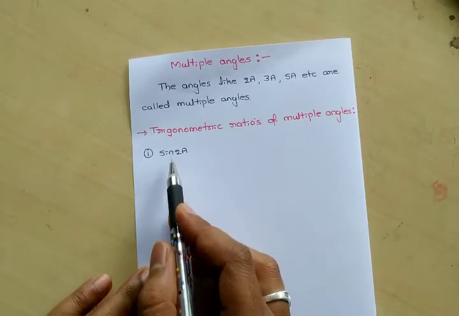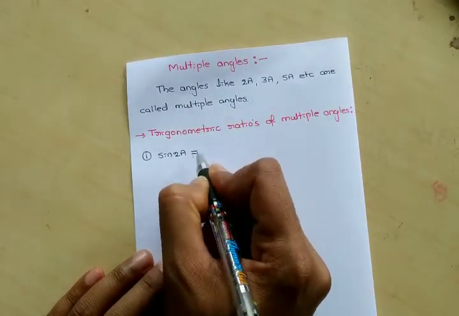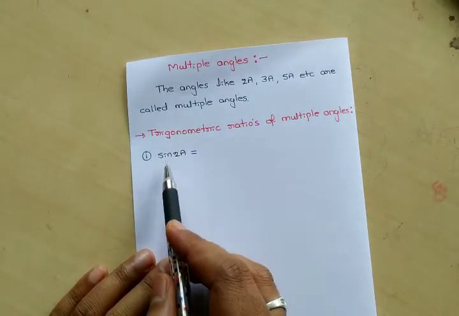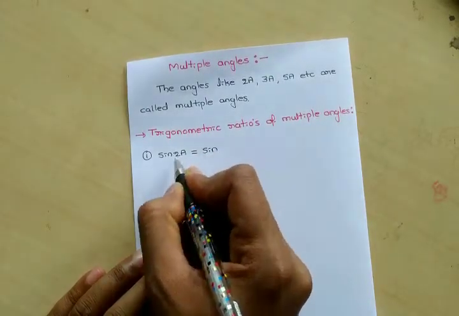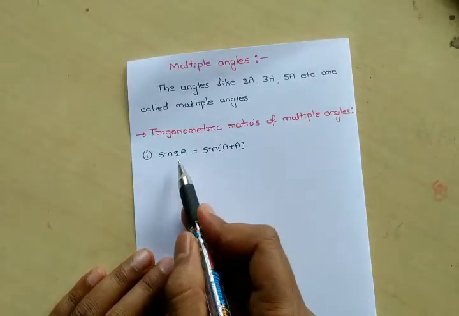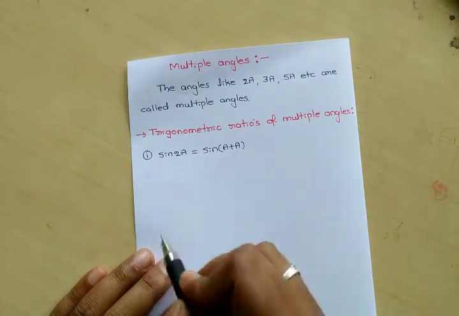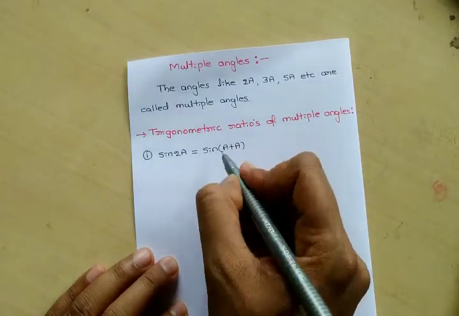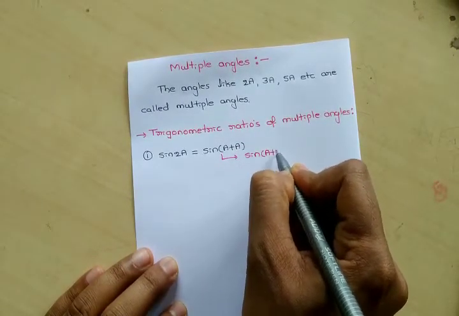In that, the first one is sin 2A. This 2A can be written as A plus A. When I write 2A as A plus A, it looks like sin(A+B).